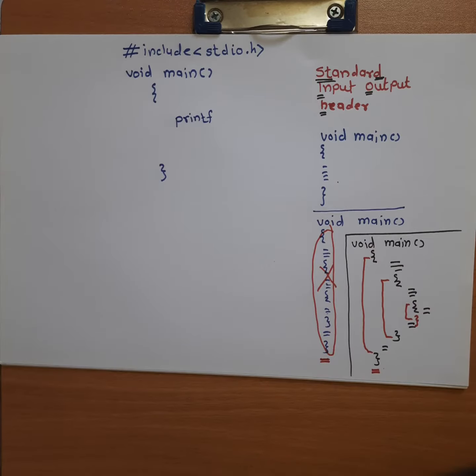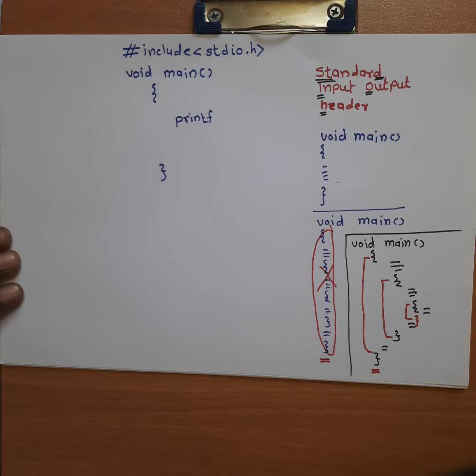The statement which is used to display information on a screen, the screen being our output device, the monitor being our output device, that statement is called an output statement. Printf is referred to as the output statement.